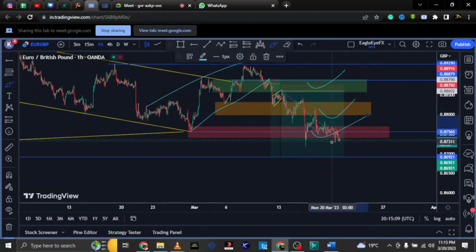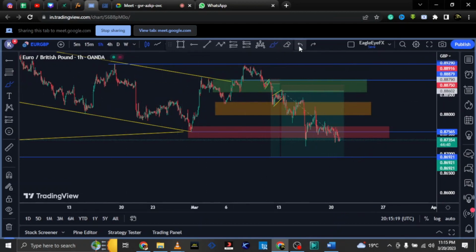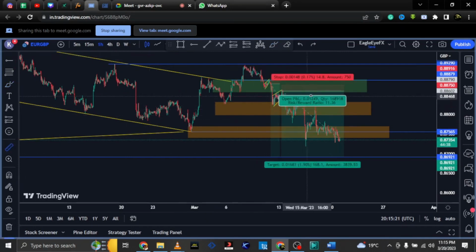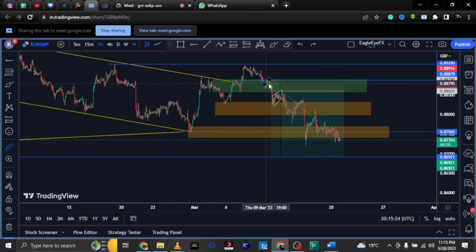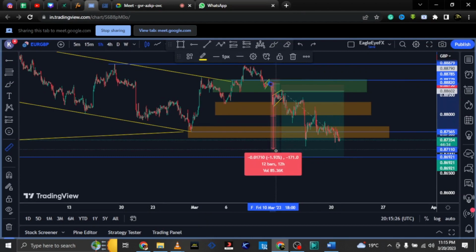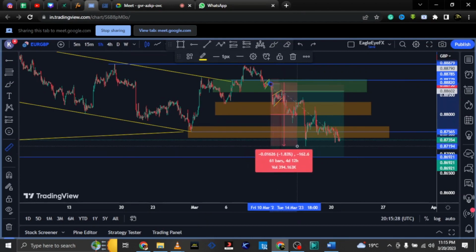And that's the reason why I'm saying that even though this could be a structure and it could break down and play out, basically this is more of scalping, because if you look at the move from up here to down here, we're looking at 162 pips.